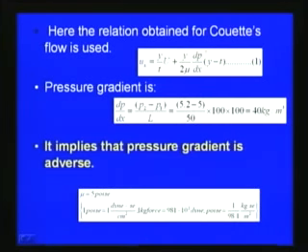That we have already derived earlier, and for this particular problem the pressures are given at 2 points between the plates. With respect to this we can find out dp by dx. We can take the difference between the pressures, and the distance is also given.